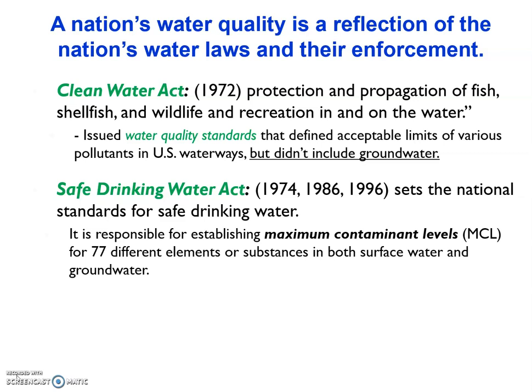I have a paper to set out exactly what you need to be looking for and understanding. I want you to read the background information, and I want you to look carefully at the table that lists the MCLs for a number of different elements or substances. Some of these have to be reported routinely, and some only have to be reported when there's a violation.